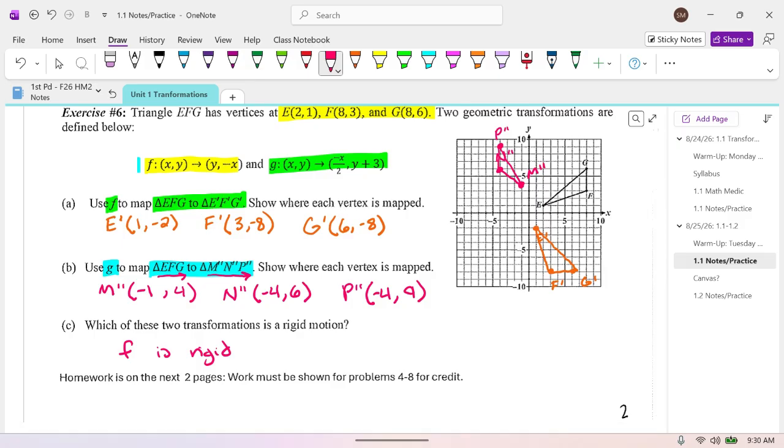Right. Because we divided the X in G, it changed the size. It made it smaller. It didn't necessarily change the shape. If you did, the angles would probably be the same. But it did change its size. So this part right here, the dividing by 2, that's what made it smaller.